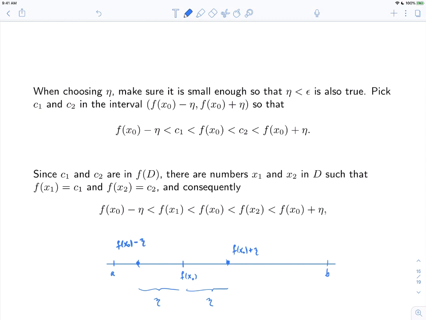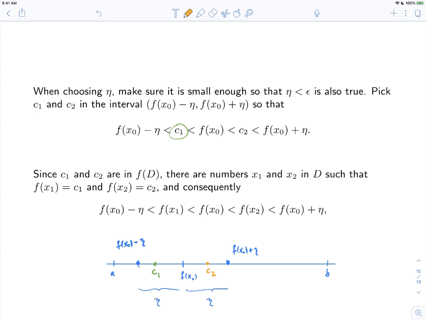So all we're doing now is we're going to choose a point C1 that's to the left of center, but in this interval. So we're going to just pick any C1 right here. And then we're going to pick a C2. Let's change the color. We're going to pick a C2 over here somewhere. It doesn't really matter where, just there's a C2.